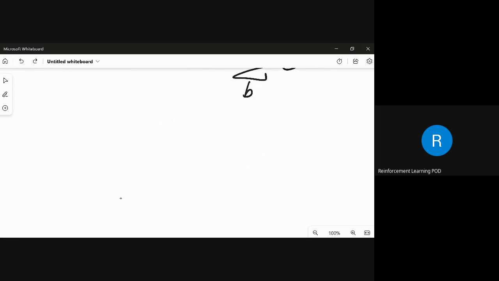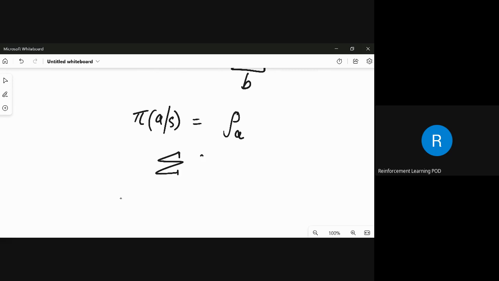Another approach for discrete actions could be that pi of a given s is some parameter rho_a, such that the sum of all the probabilities is going to sum up to 1, and each individual probability has to be greater than or equal to 0. I'm using the same terminology that sir is using in his lectures. This is the second way to represent a policy. What is going to be the third way?